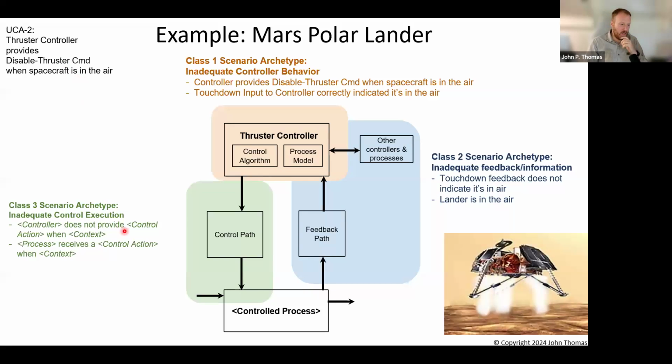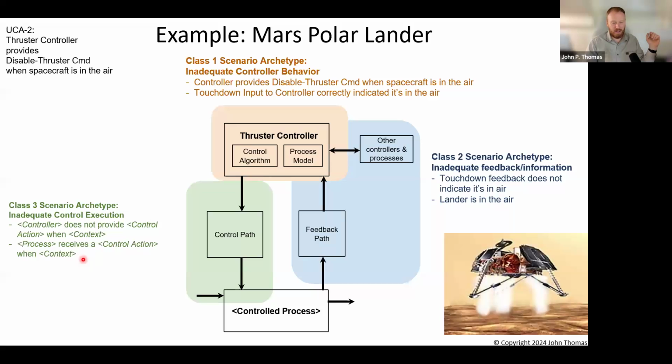We're postulating a different scenario, which is a legitimate one. Does not provide disable thruster command when what? How are we going to fill in this context? It's the same. When it's in the air. Right? So the controller did the right thing, actually. The controller did not provide disable thruster command when we're in the air. That's a safe thing. That's not a UCA. So the controller did a good job.